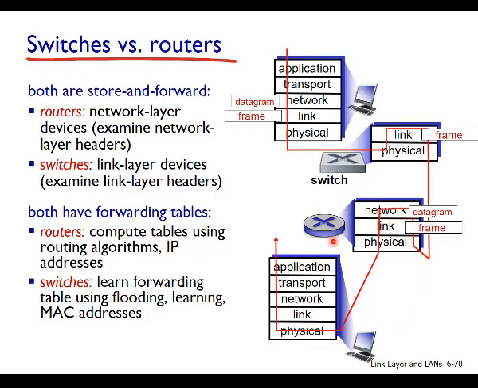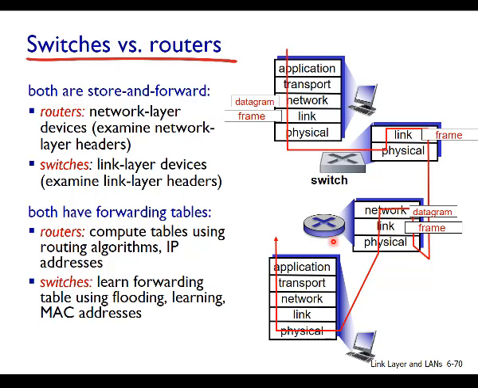The last thing I want to talk about basically is switches versus routers. It turns out that switches and routers are both store and forward devices. Routers, though, operate at the network layer, so they examine network layer headers. Switches, on the other hand, are link layer devices, and so they examine link layer headers.